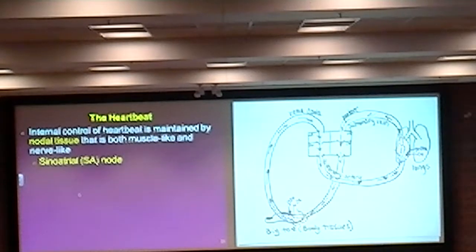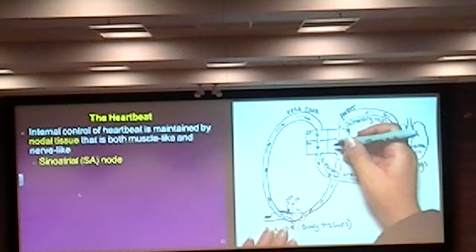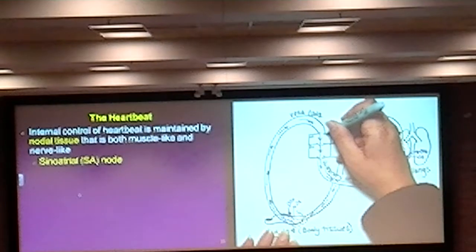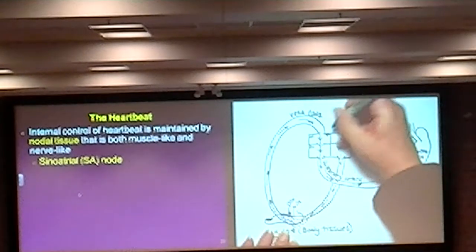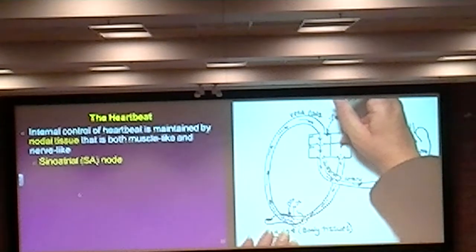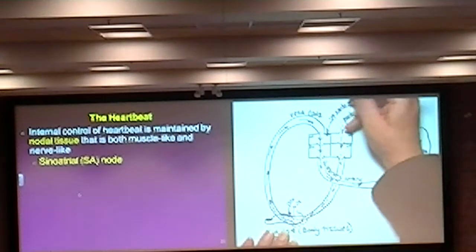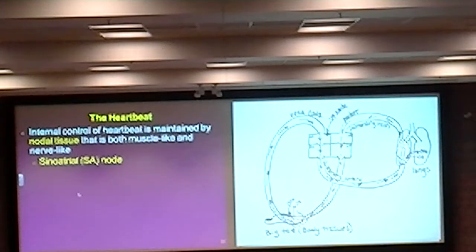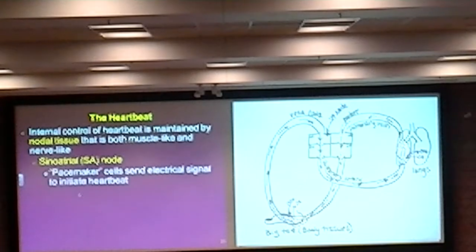One is called the SA node, or sinoatrial. That's because it's in one of the atria. It's actually, on my little drawing here, approximately right up here is where you would find the SA node. The job of the SA node is to initiate the heartbeat.